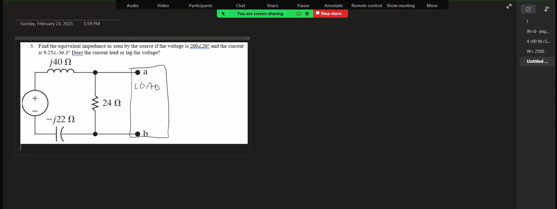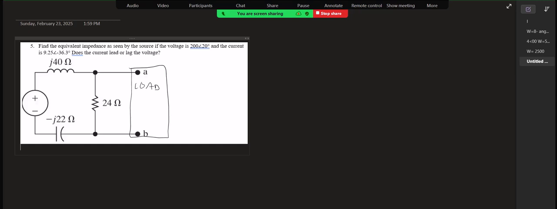I did it at home, but this was when my computer died, so I don't have the answer written down. My computer didn't die, it just erased all my work. Okay, so the equivalent impedance as seen by the source, if the voltage is 200 angle 20 and the current is 9.25 angle negative 36.3.